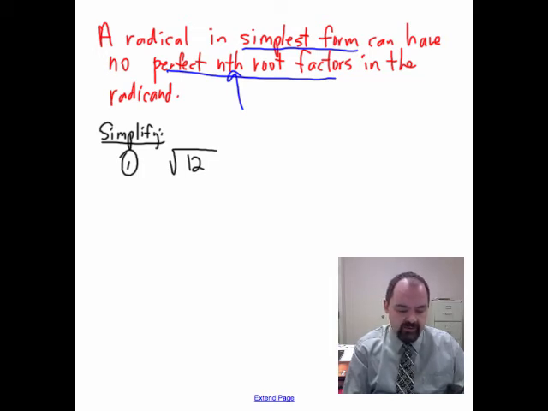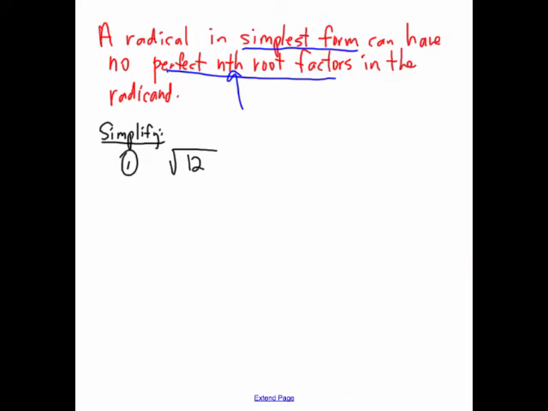In the example I've got here, the square root of 12, I'm dealing with square roots. What I need to think about is whether there are any perfect squares that divide into 12. If I think about that, I come up with 4. Because of what we just talked about, we could rewrite this expression as the multiplication of two radicals with the square root index: the square root of 4 times the square root of 3.